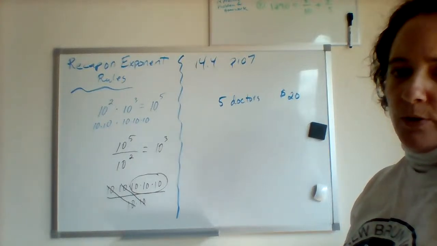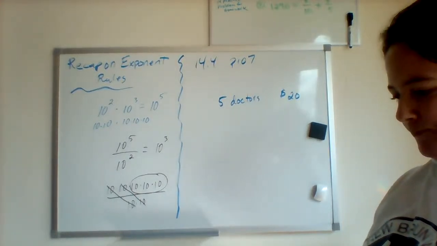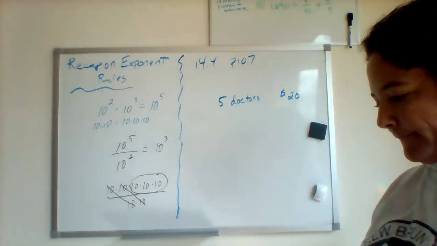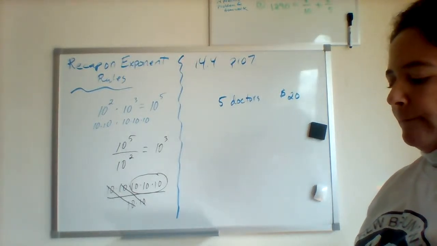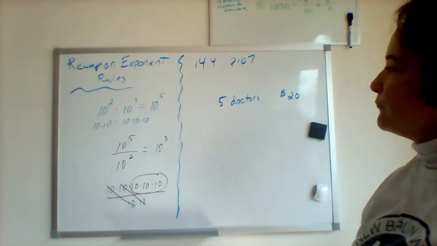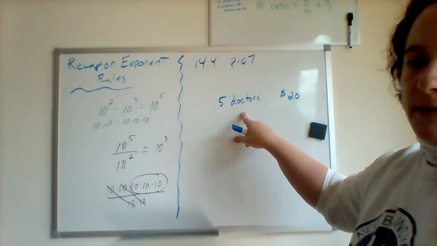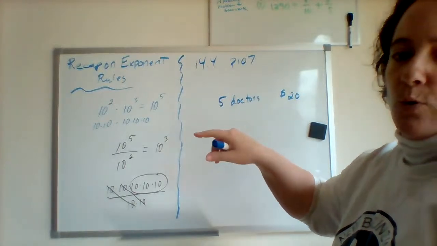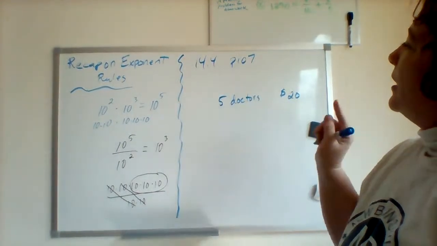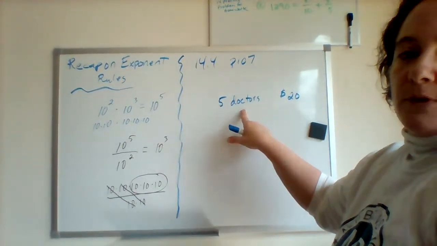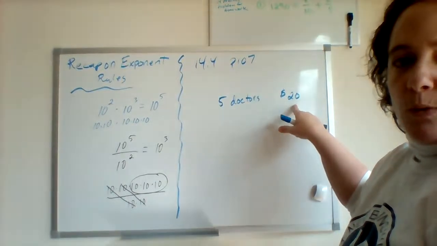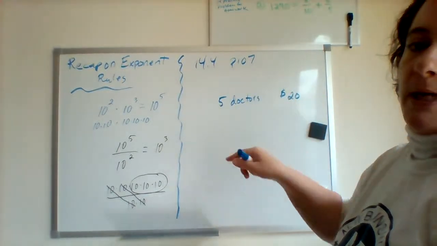Well, hopefully you guys tell me. Okay, the question? If I told you that there were 5 doctors and they each made $20 a year, how much would they all make all together?